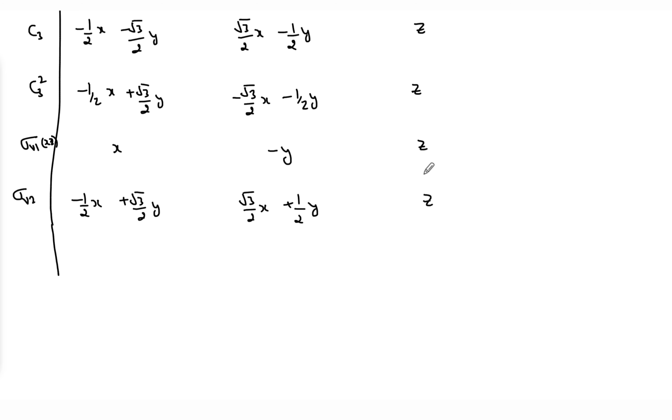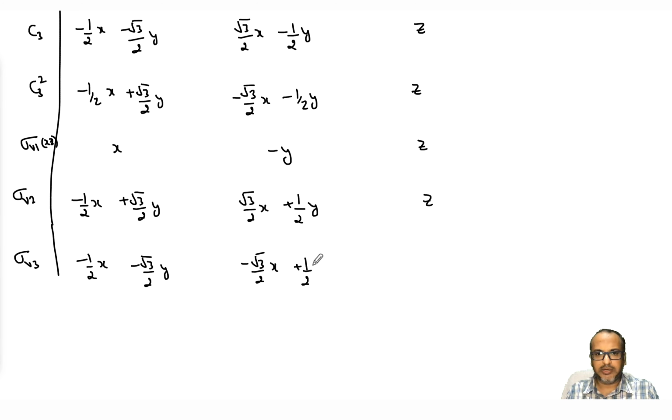All the planes are along the z axis, so nothing changes there. Sigma v3: minus half x minus root 3 by 2 y, minus root 3 by 2 x plus half y, and z, right?